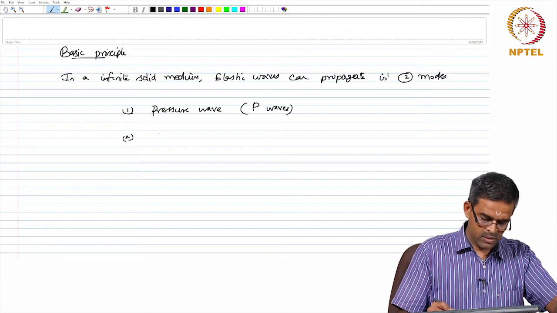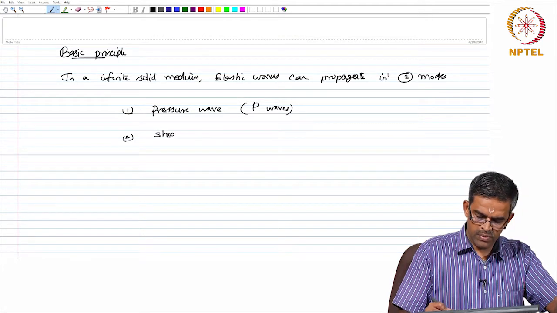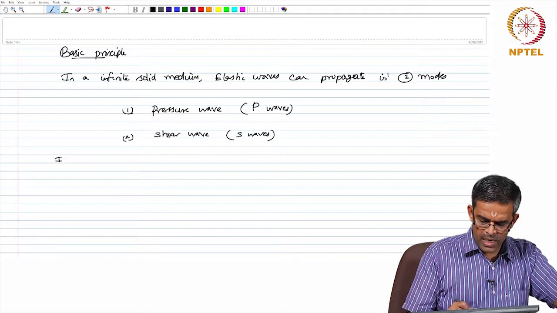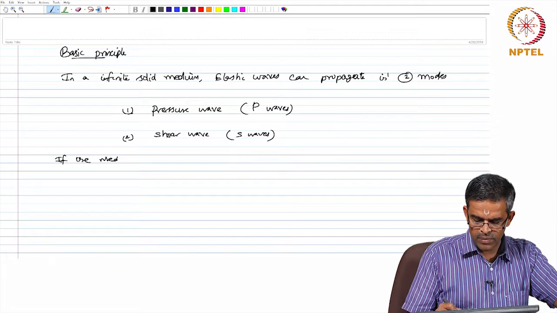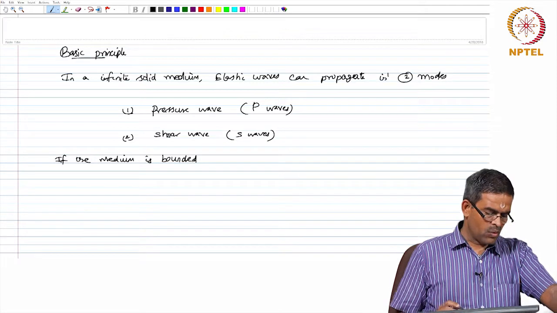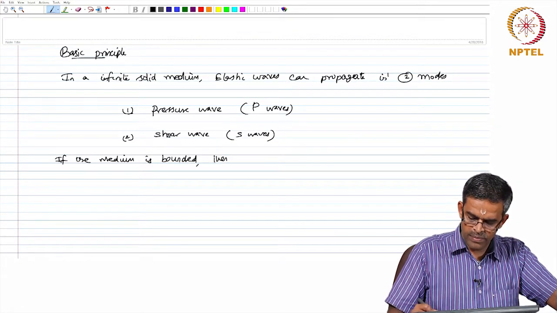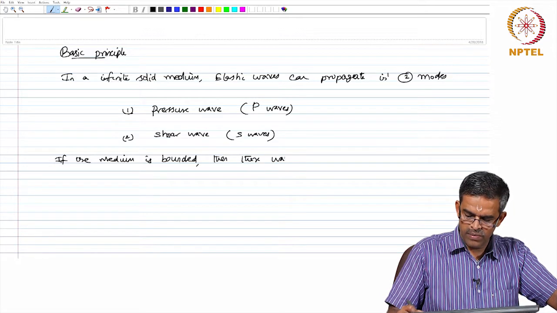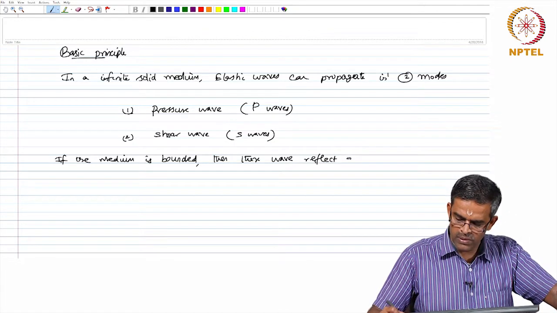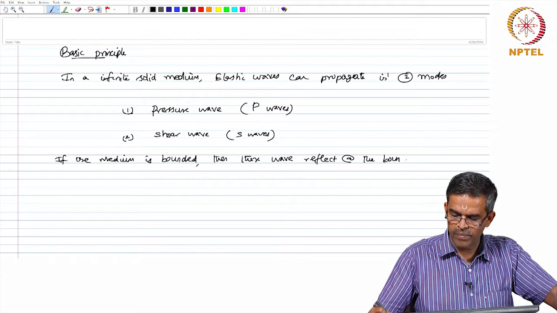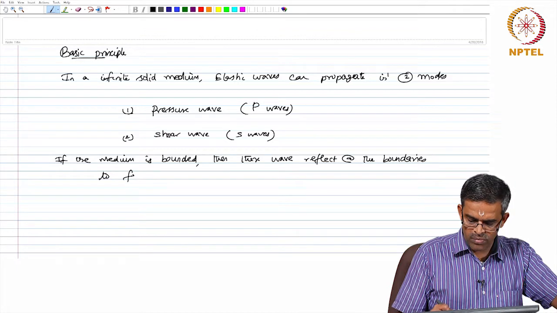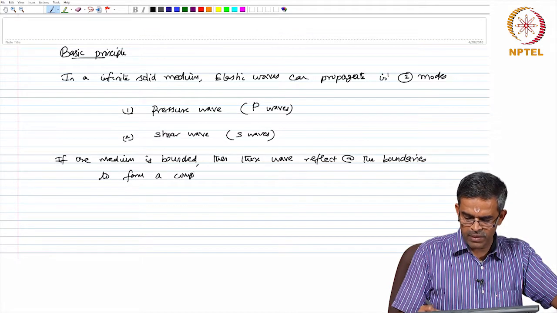The second is shear waves, called as S waves. If the medium is bounded with a rigid boundary, then these waves reflect at the boundaries to form a complicated wave pattern.